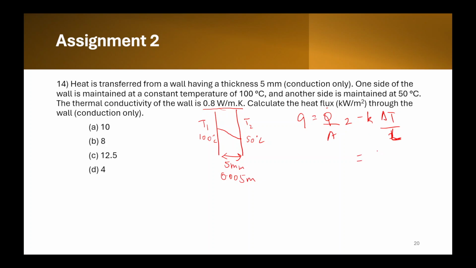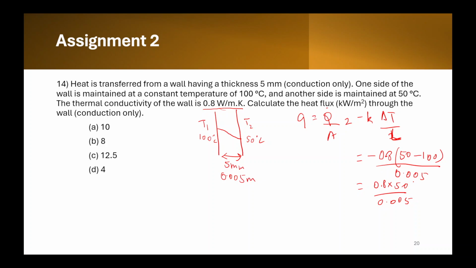So we know the thermal conductivity, 0.8, into the final temperature 50 minus the initial temperature 100, upon L. So this is 0.005. So 0.8 into 50 by 0.005.